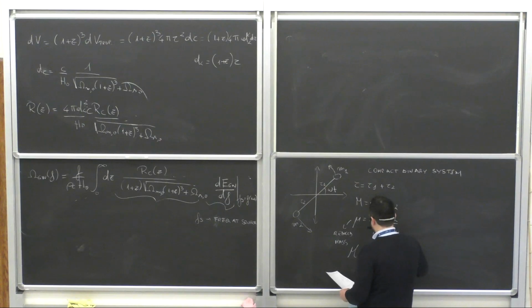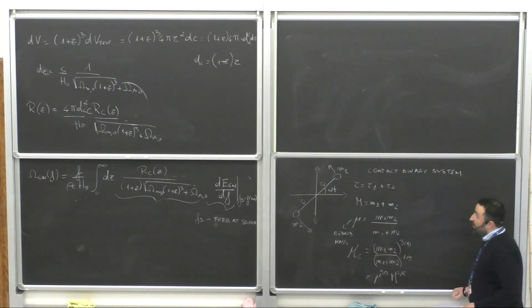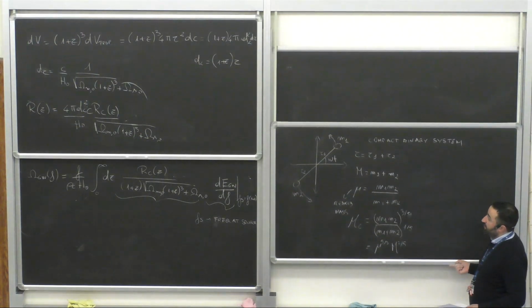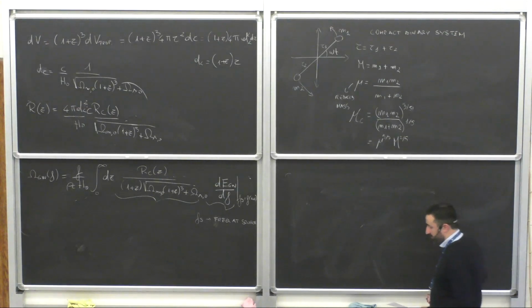Okay, that is m1 m2 over m1 plus m2 to some power, and this is equal to mu to the 3/5 over M to the 2/5. Okay, so these are just definitions that you know, except for the chirp mass.